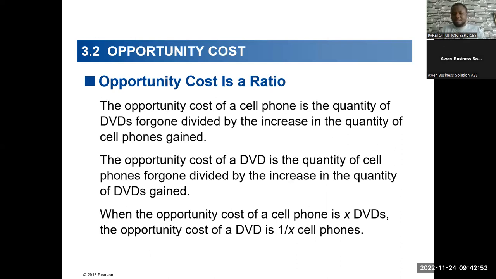Is that okay? Yes, I get it. So if the opportunity cost of a cell phone is X DVDs, then the opportunity cost of DVD is 1 over X cell phones. It's just the reciprocal, the inverse. All right.